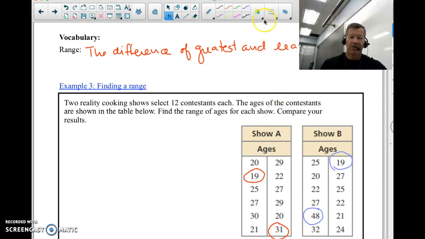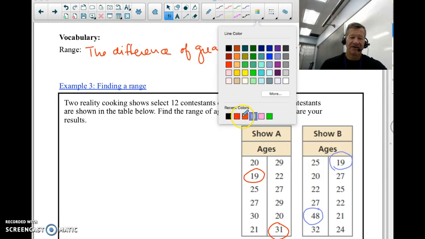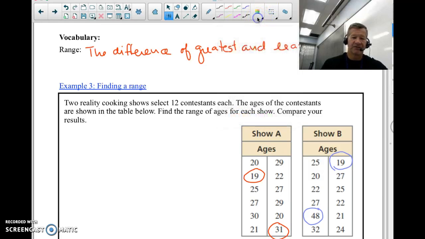Okay, so let's find the range for each value. So first, show A, we are simply going to take 31 minus 19, which gives us 12.